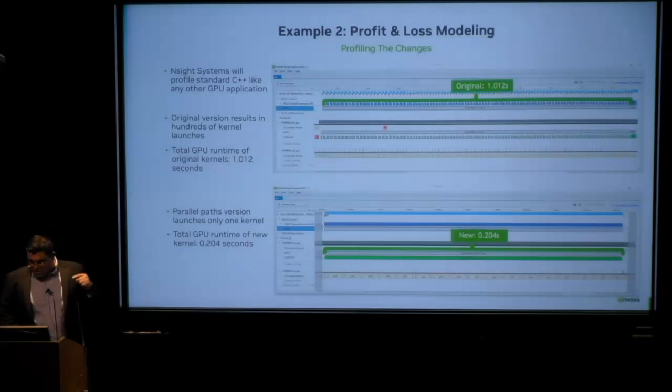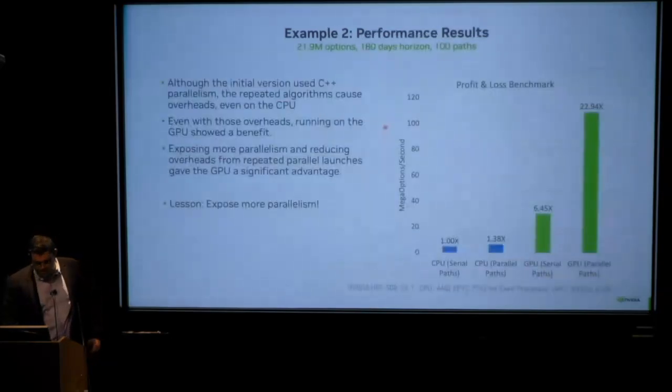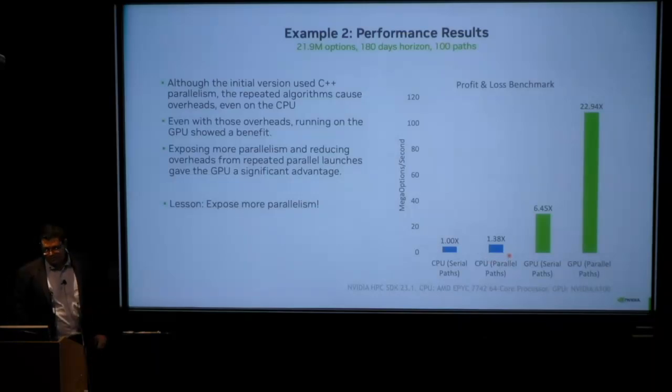All right, so to actually look at the performance results, we're baselining here to the serial paths for this parallel P&L example. When we did the for_each on CPU, we see about a 38% speedup.